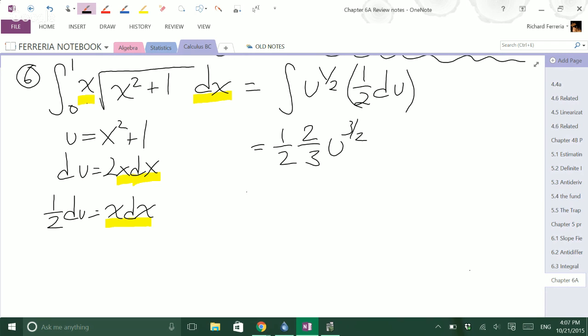Which is 1/3 square root of x squared plus 1 cubed from 0 to 1.